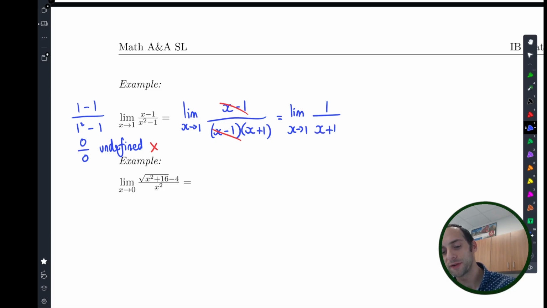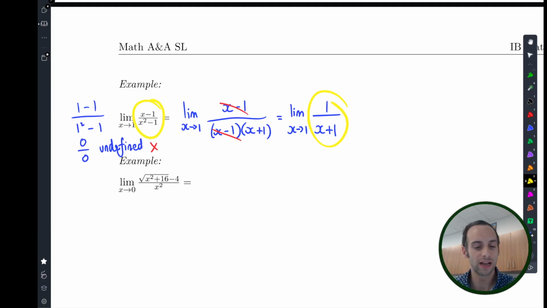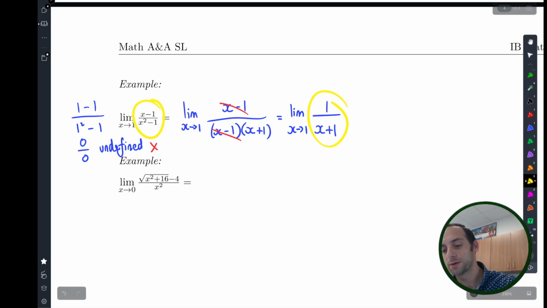I mean those factors, the x minus 1 and the x plus 1, cancel for every x value except one value. The only time that these two functions, 1 over x plus 1 and x minus 1 over x squared minus 1, are not equal is when x equals 1.